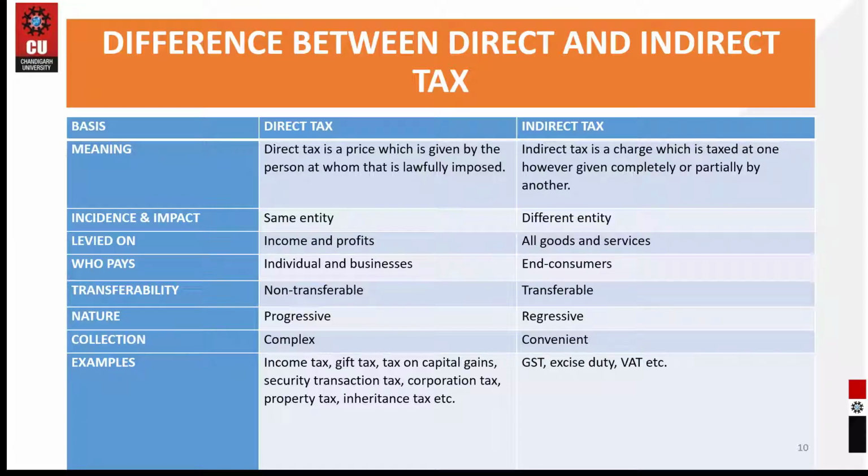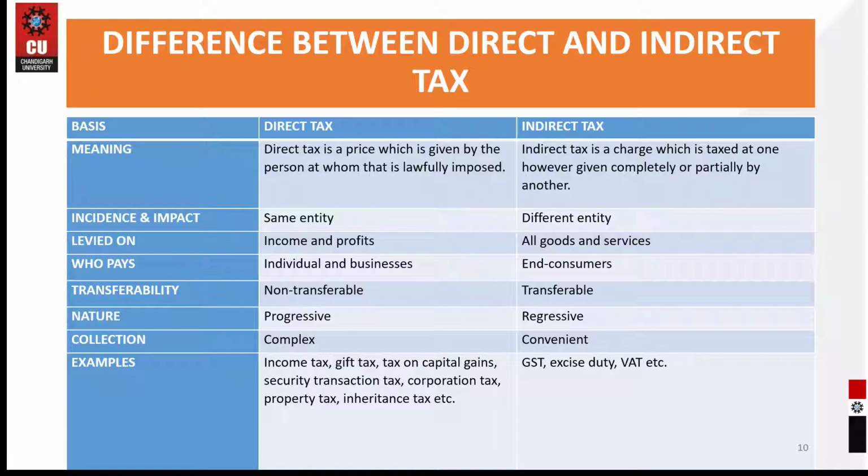So the person on whom tax is imposed and the burden of tax lie on the same person as far as direct tax is concerned. On the other hand, in indirect tax, incidence and impact lie on different entities.